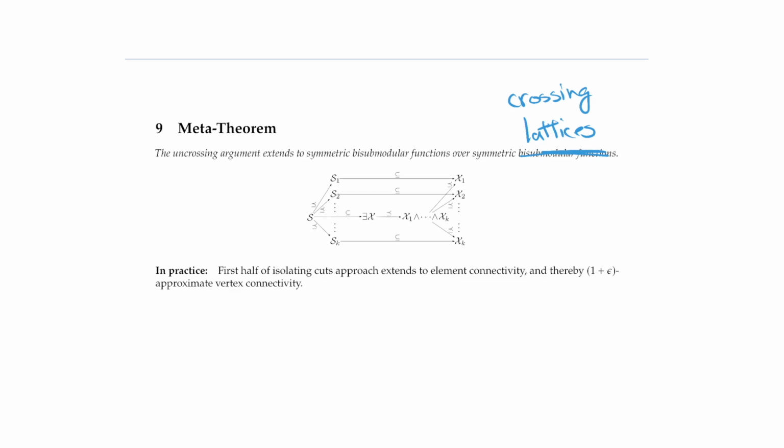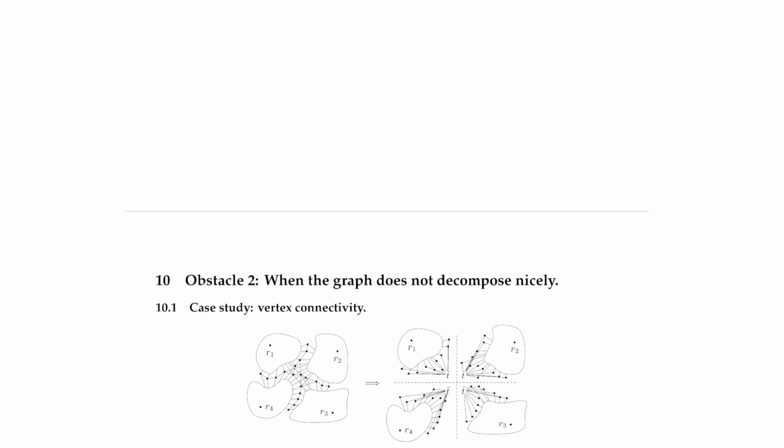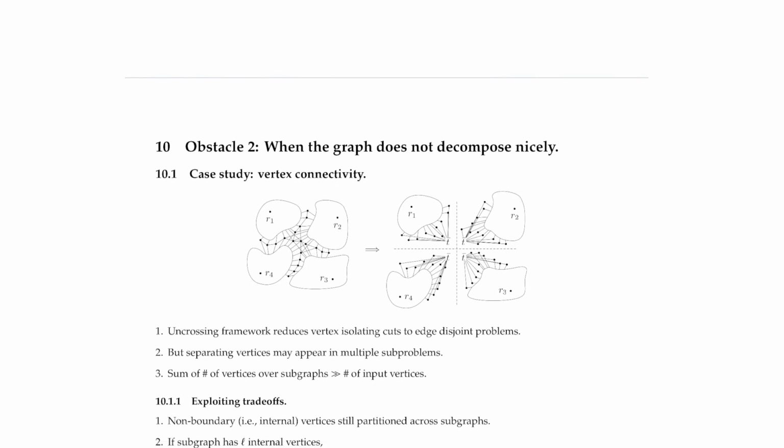And therefore, this isolating cuts approach does extend to element connectivity, and via element connectivity, one also gets vertex connectivity. Okay, so that addresses this obstacle from the uncrossing argument when you don't have symmetric submodularity. But I mentioned there was another problem that happens in these problems where the graph doesn't decompose nicely. So let me demonstrate by using vertex connectivity as an example. What is the problem and what is one way to get around it?